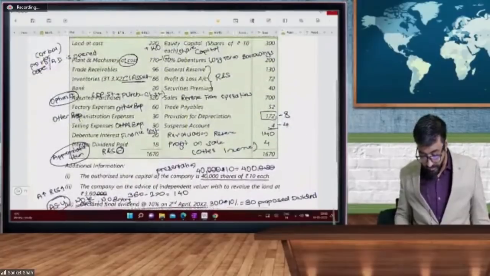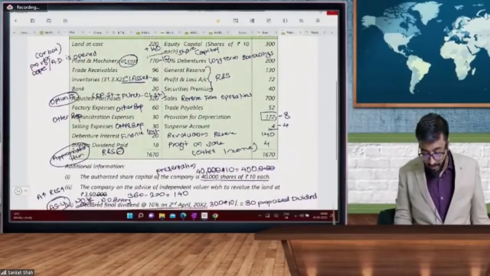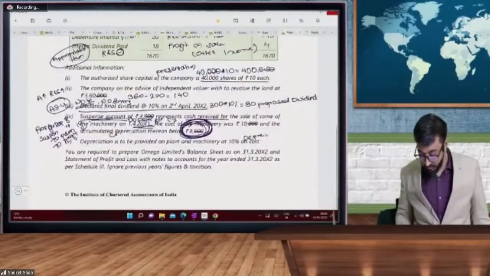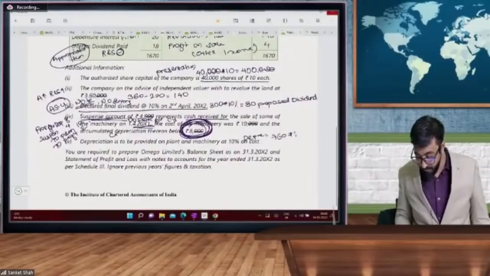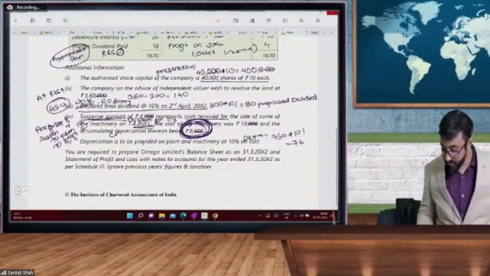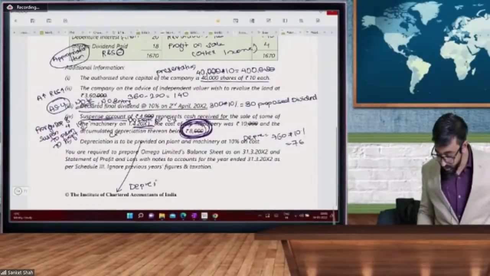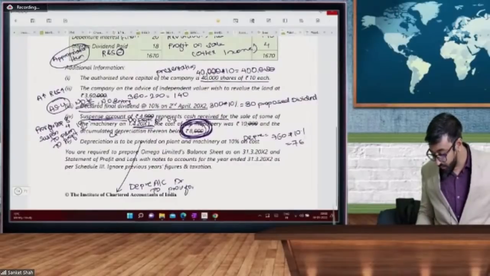Now last entry, depreciation. Now your balance is 760 into 10%. So what is the depreciation entry, beta? Depreciation account debit to provision for depreciation, because we opened this account, 76.